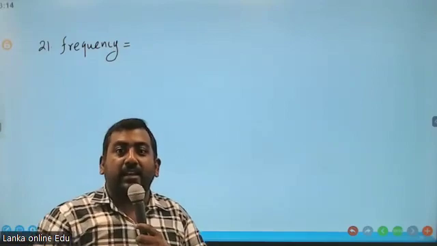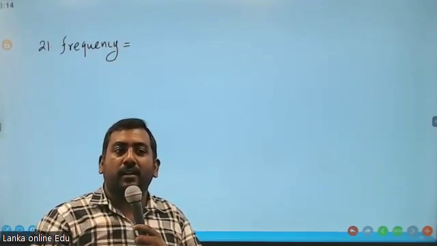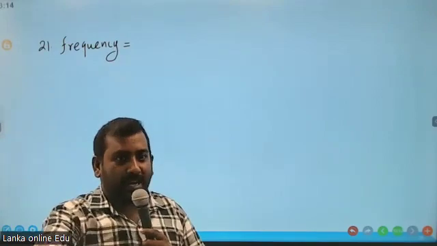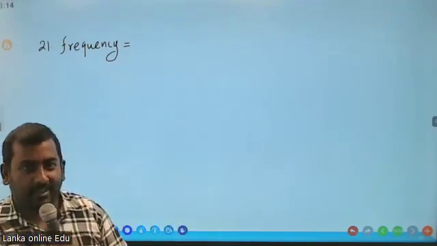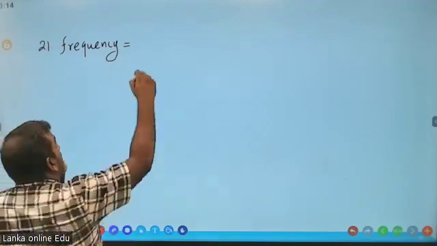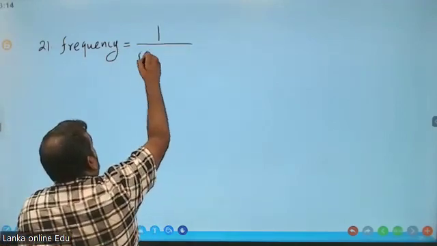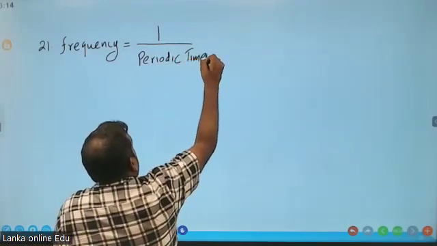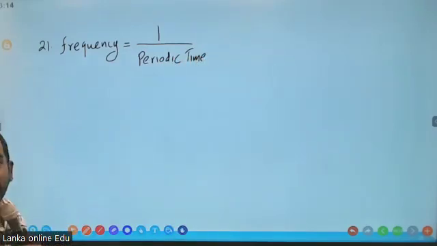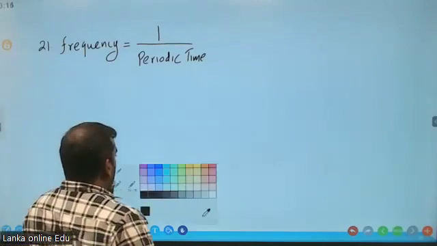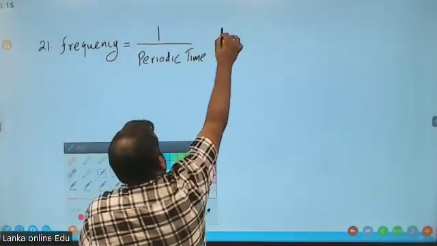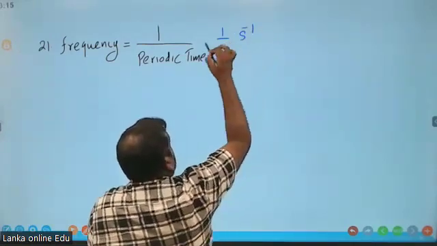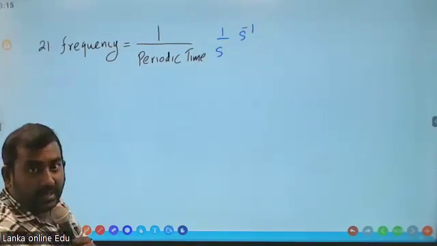What is frequency? You should know this, it's there in your science book. Frequency is 1 over T, very good. 1 divided by periodic time. Now 1 is a value, and a value is unitless. Time is in seconds. So the unit is s minus 1. Clear? s minus 1.